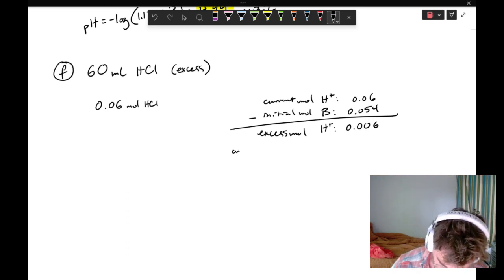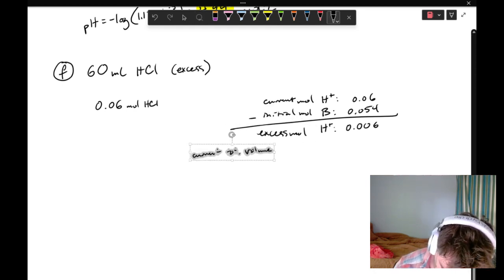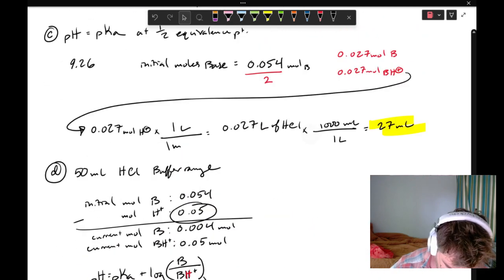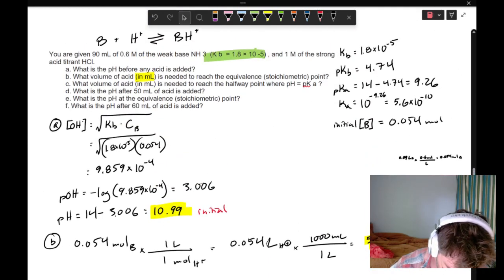And then we have our current total volume. Magic of computers is I can just move that over, which is nice. We have 0.06 plus, what did we start with? 0.09?